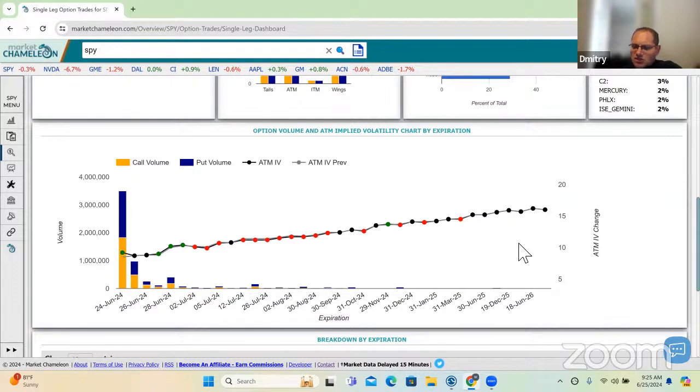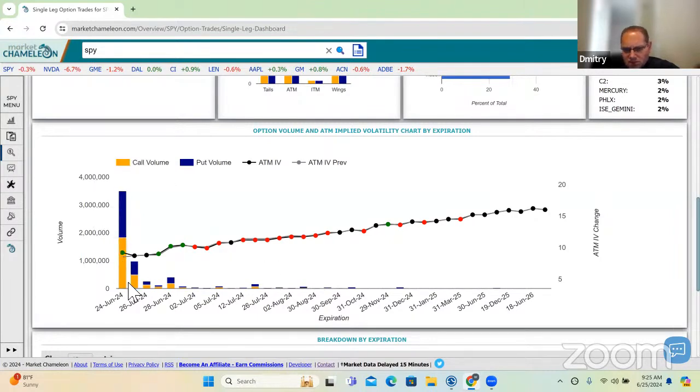So here we have a breakdown of the volume by different expirations. We see the different expirations here, from June 24th going out to June 18th, 2026. We also see these volume bars for each expiration. The yellow volume bar represents the calls. The blue volume bar represents the puts.